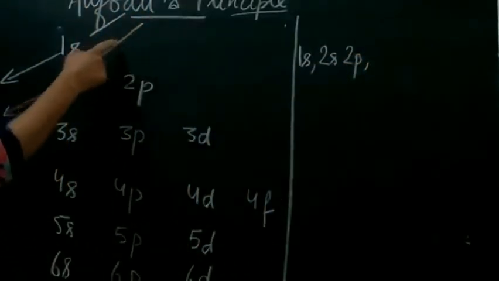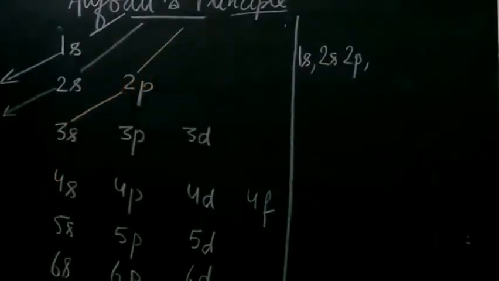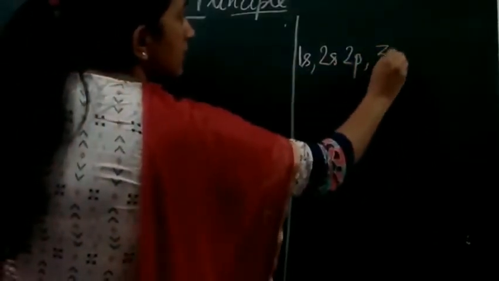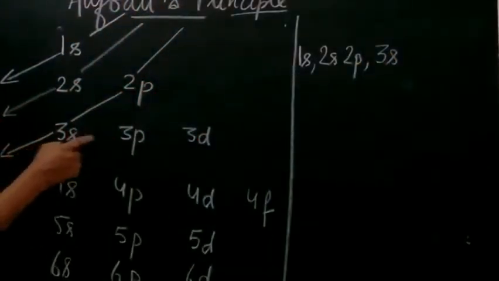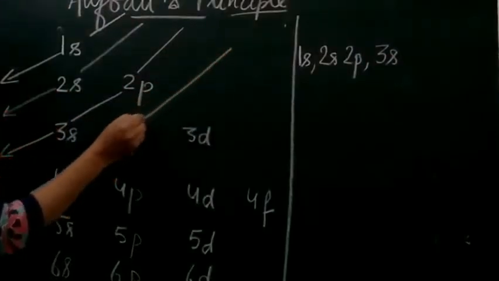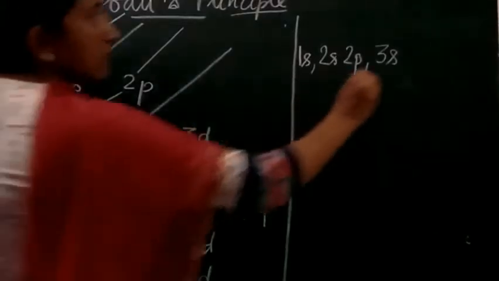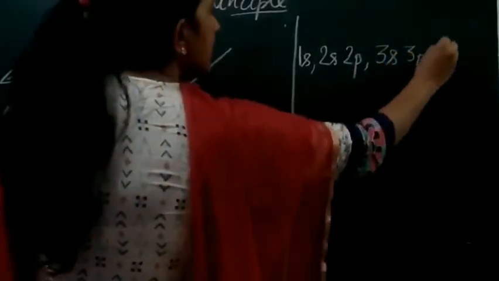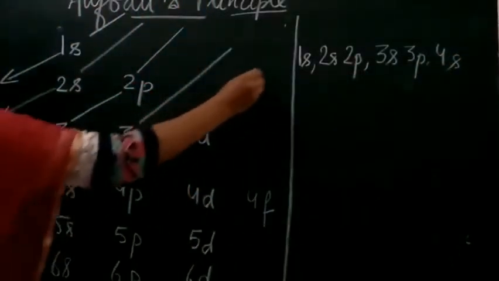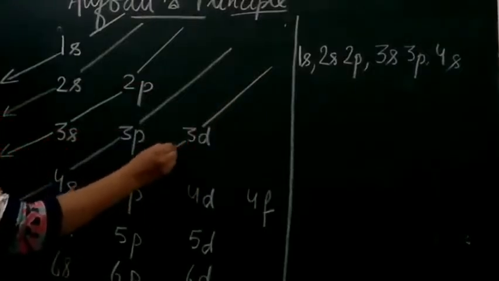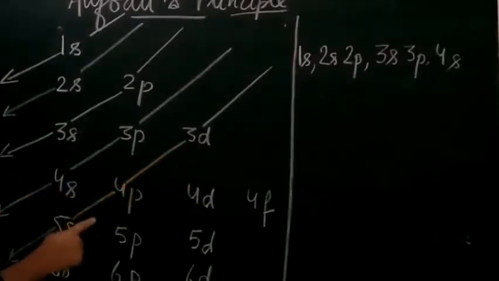Then the turn of 3s, and once the 3s has been filled up, then comes the turn of 3p and then 4s. After the 4s has been filled up, then comes the turn of 3d, 4p, 5s.